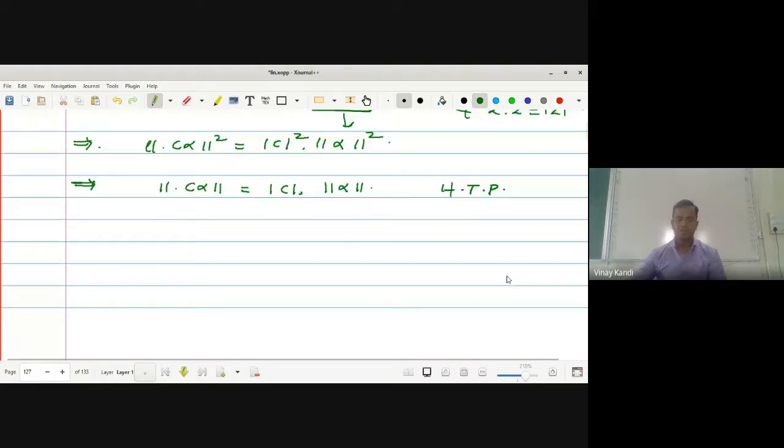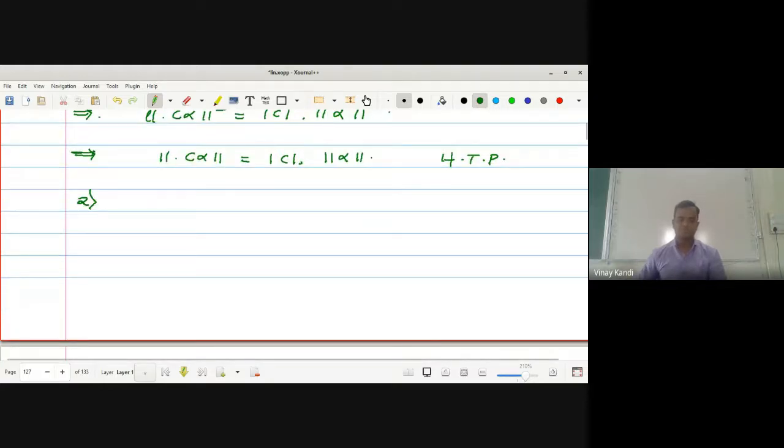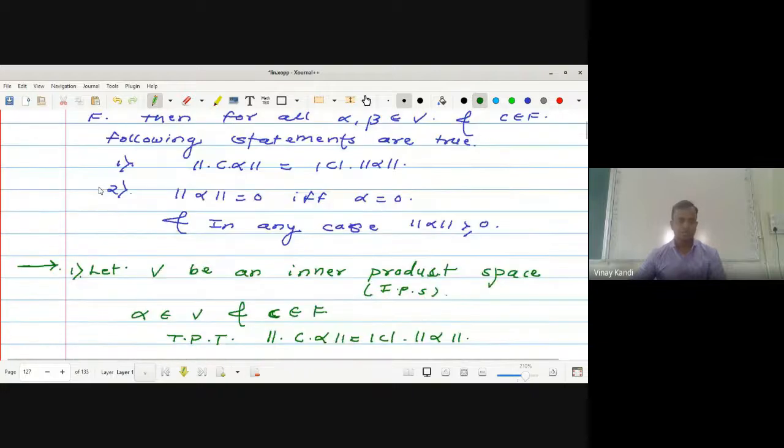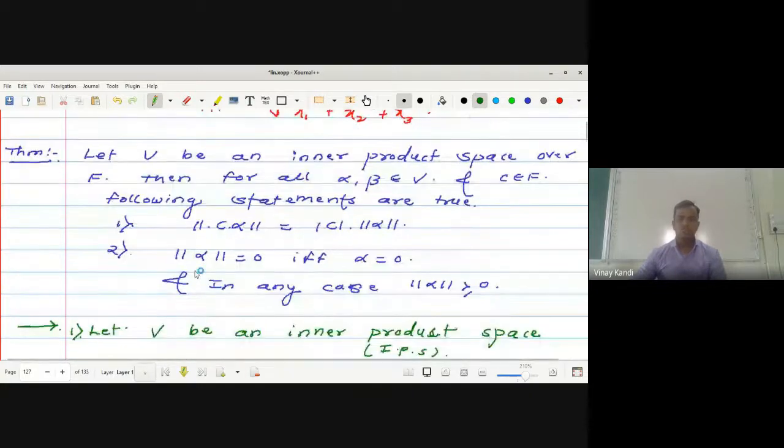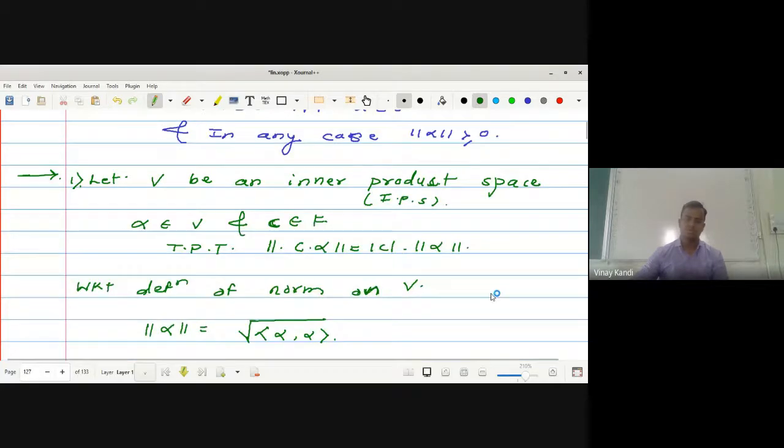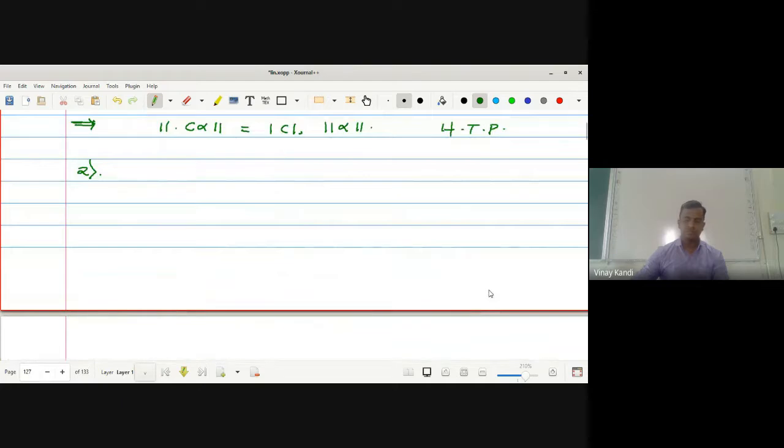Now the second one. What we have to show there? Norm of alpha is equal to 0 if and only if alpha is equal to 0, and for any alpha, norm of alpha is always greater than or equal to 0. Now look at it.